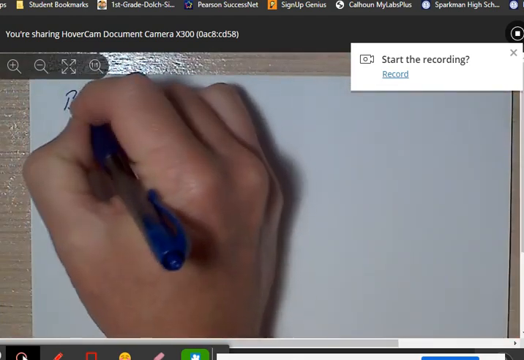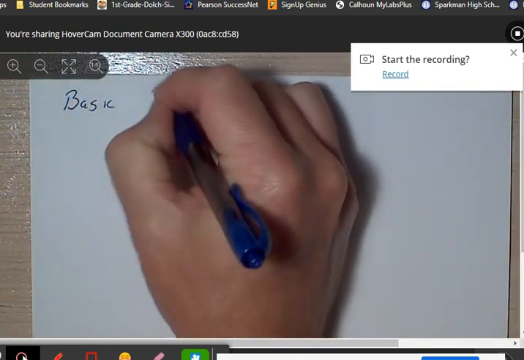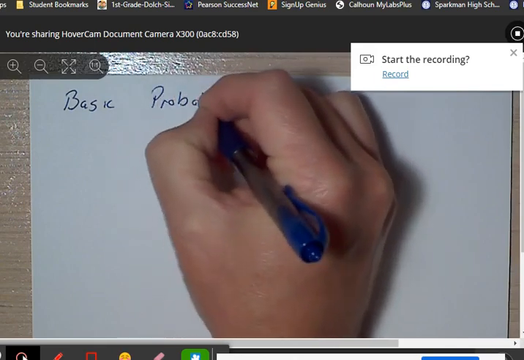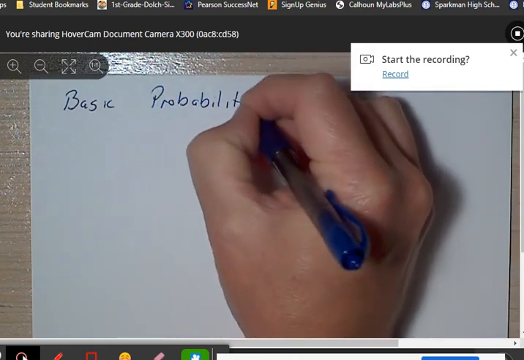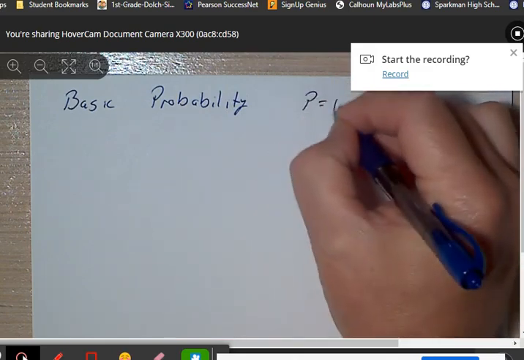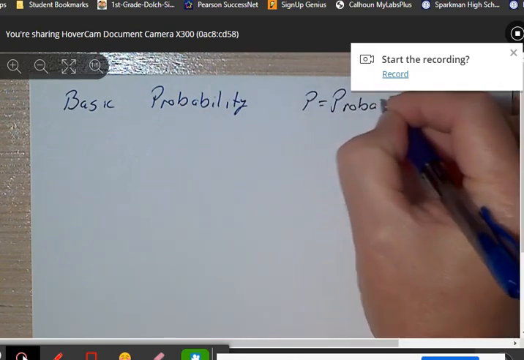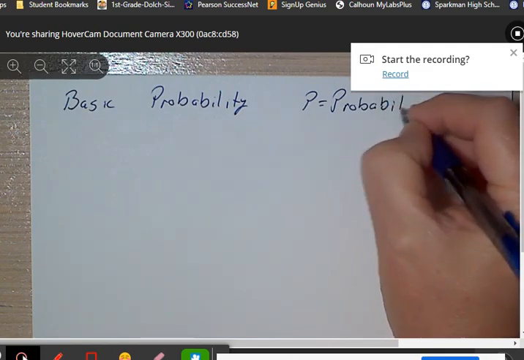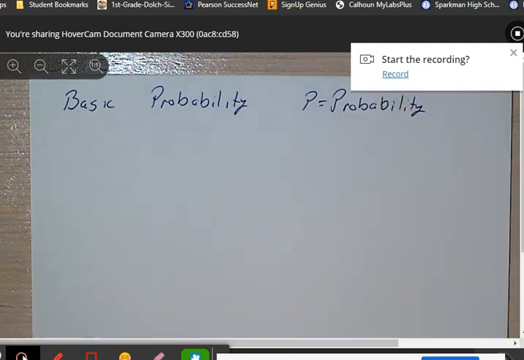So the first thing they back up and do is talk about just your basic probability. For that one, they're going to say that your P would be your probability.